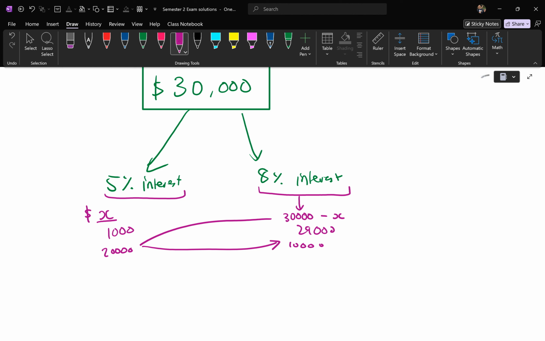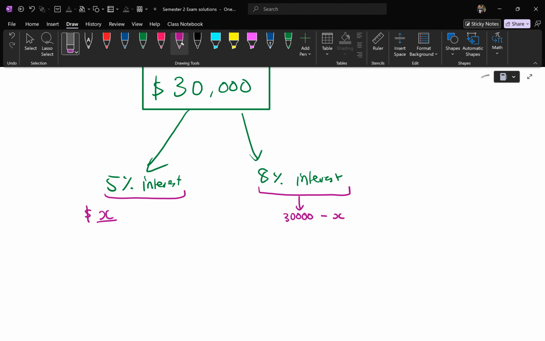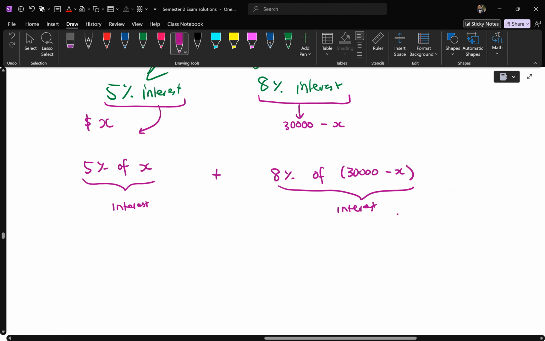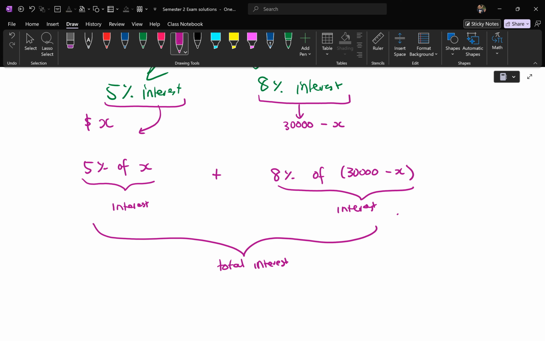Make sense? Okay, so now that I've modeled it, 5% of X is how much you're going to get in interest for this component, plus 8% of 30,000 minus X. Whatever that is, that's my total interest for the year, the sum of those two parts.